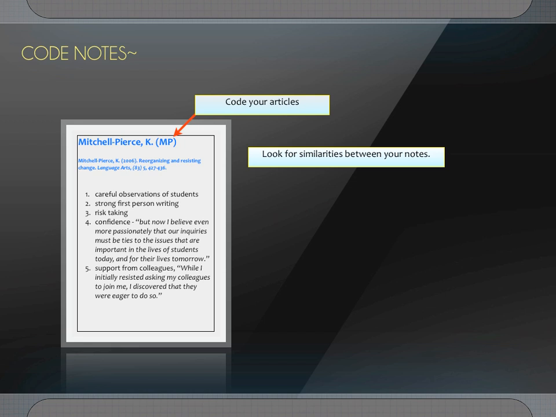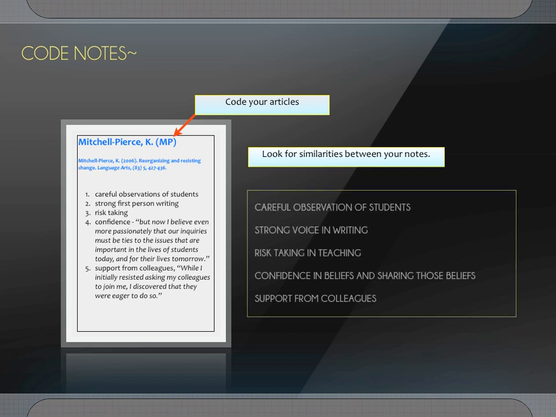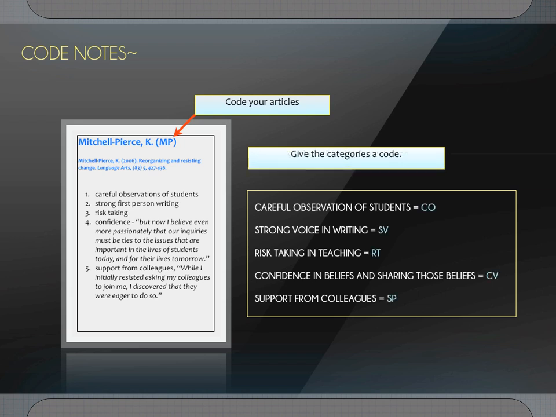Look through all of your notes and look for common words, similar ideas, connections between what you have read. Make a list of these connections. Here you can see my list from all 3 articles I read. These are the common threads I found between all or between 2 of the articles.